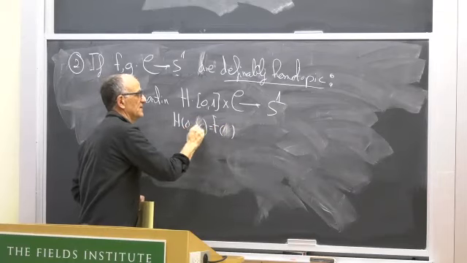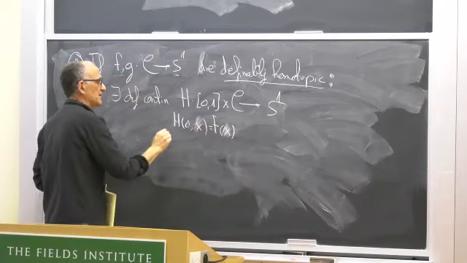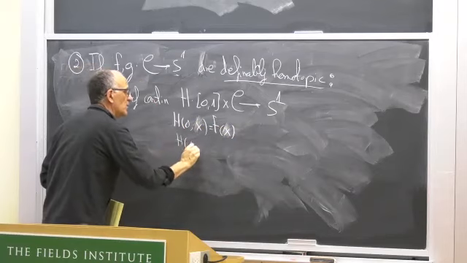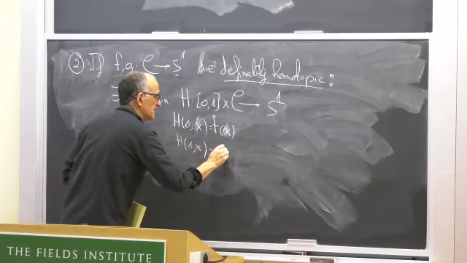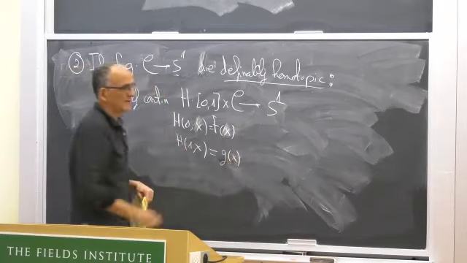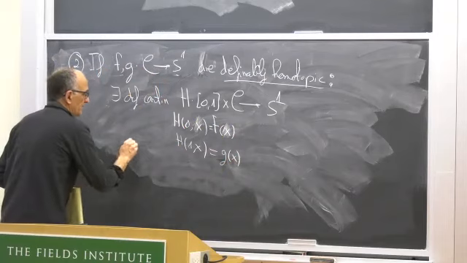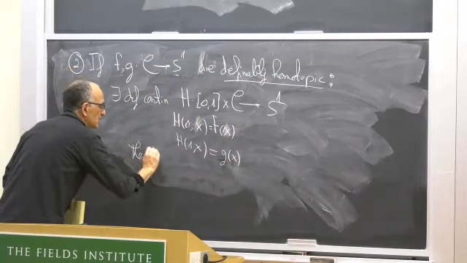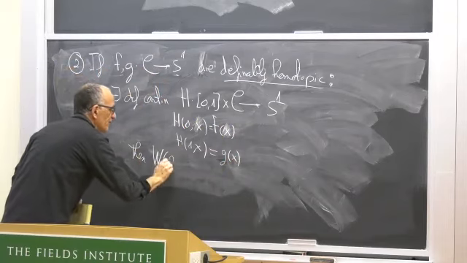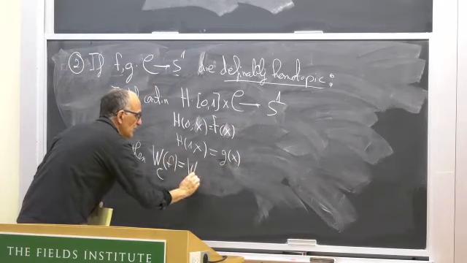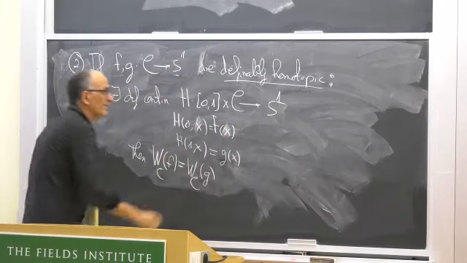Let's write it x, and H_1 of x is g of x. Then the winding number is the same. The winding number of f equals the winding number of g.